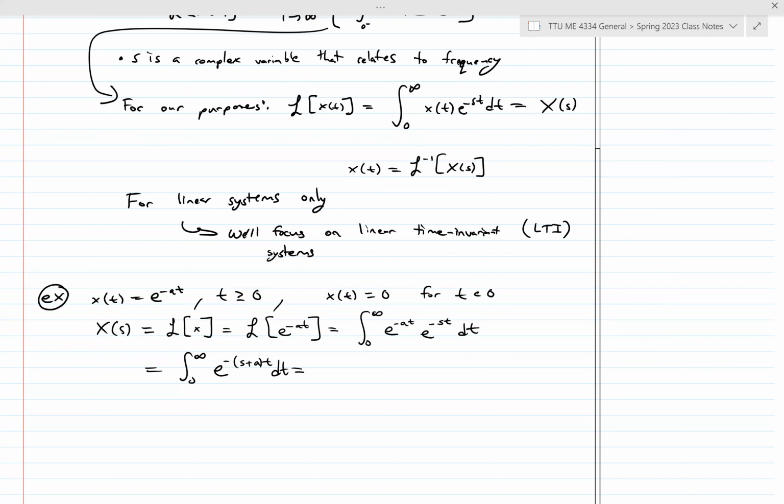What is it? 1 over s plus a? Closer. Gotta bring the negative with it, right? So 1 over, I guess we could put it down there, but 1 over s plus a, right? Is that it?